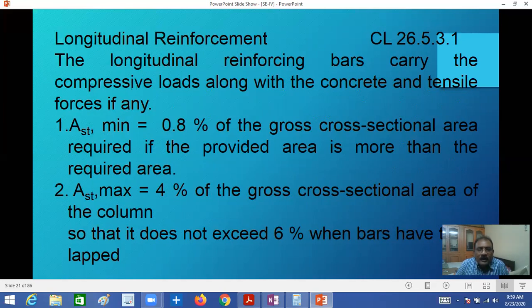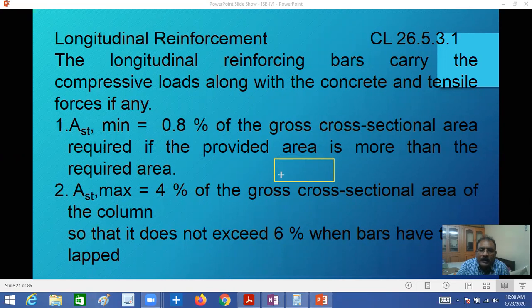The minimum AST is 0.8% of the cross-sectional area, and the provided area should be more than the required area. See, the minimum area in the column. Suppose this is a column.